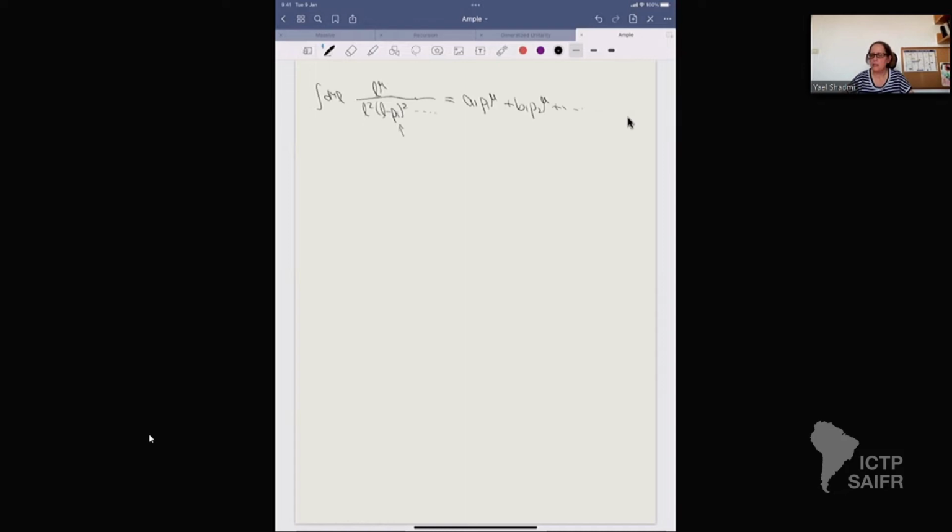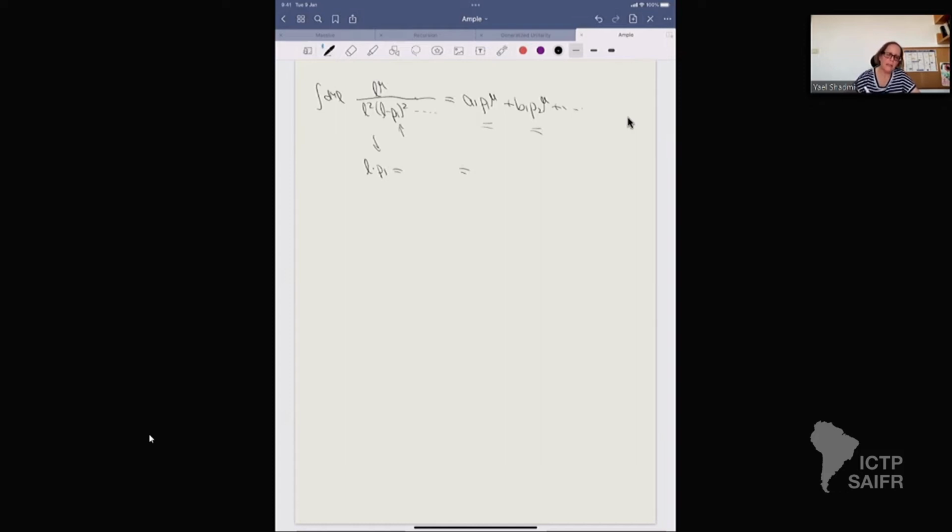And then we can dot the two sides once with P1, once with P2, and so on. We're going to find here L dot P1, for example, and then we can dot this side with, again, the P's and get a bunch of equations.